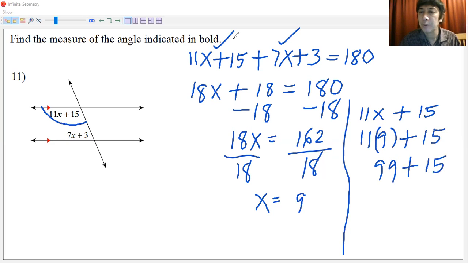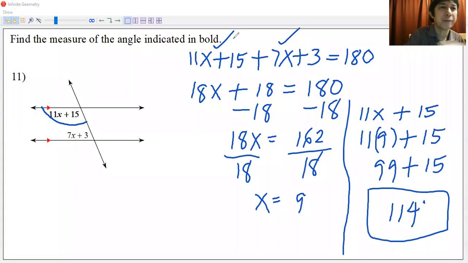How much is that? 114. 14, carry 1. That looks like 114 degrees. Let's check and verify. 114, yes, it's correct. It's over here.